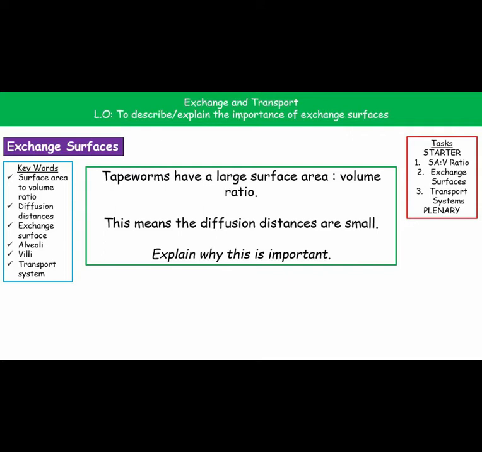And what we find is diffusion distances are small. So that means rather than needing any kind of specialist exchange mechanism, they purely use diffusion to get everything they need from us. So jot down those two sentences at the top and then see if you can explain why that is important. I've just given you a big hint in what I've said there, so hopefully we can get that done.